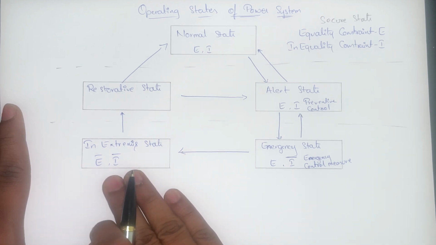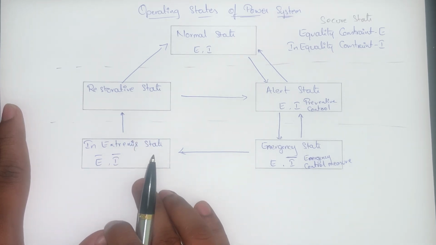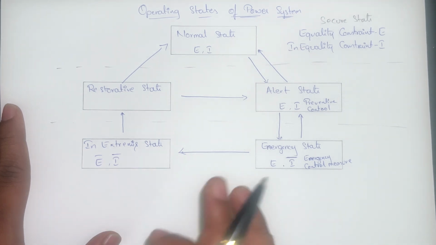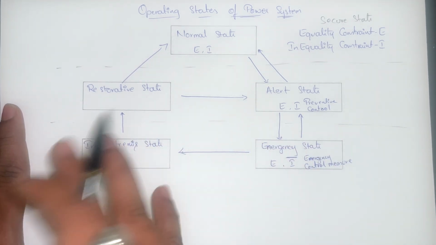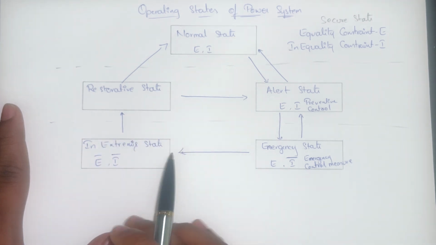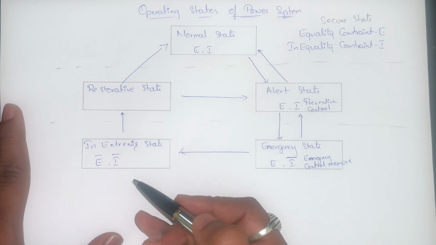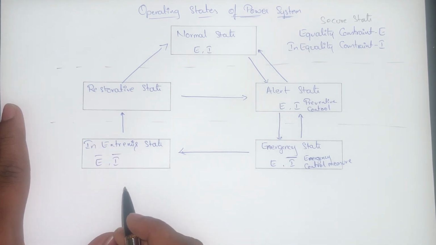In this state, both the equality and inequality constraints are violated. Okay, and this violation of the equality constraints implies the generation and the load are not in balance, or the load is more, or the generators are failing to supply the load, and this leads to the inequality constraints being violated, and this will lead to the islanding cases.